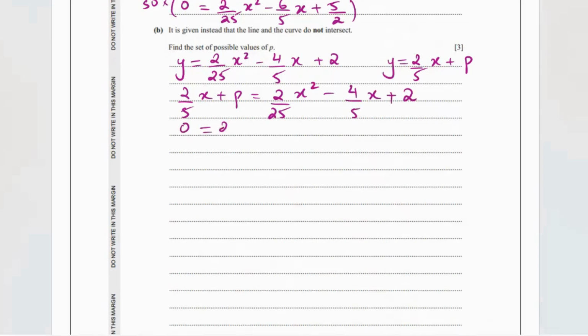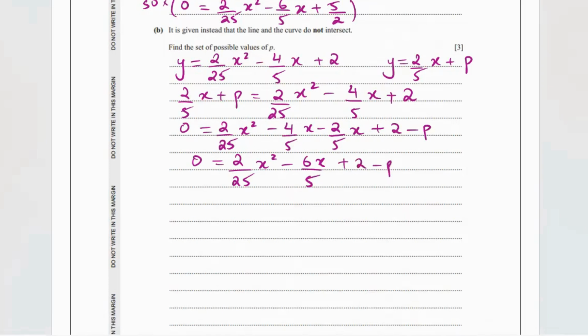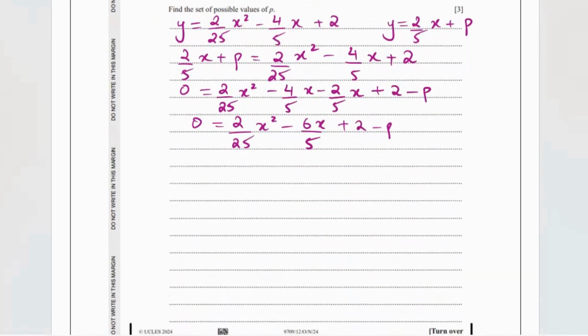So 0 equals 2 over 25 x squared minus 4 over 5x minus 2 over 5x plus 2 minus b, which simplifies to negative 6x over 5 plus 2 minus b. So a is 2 over 25, b is negative 6 over 5, and c is 2 minus b.